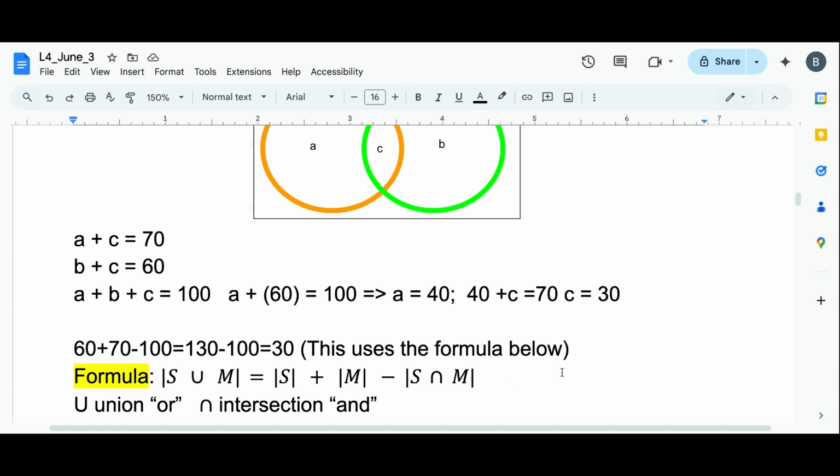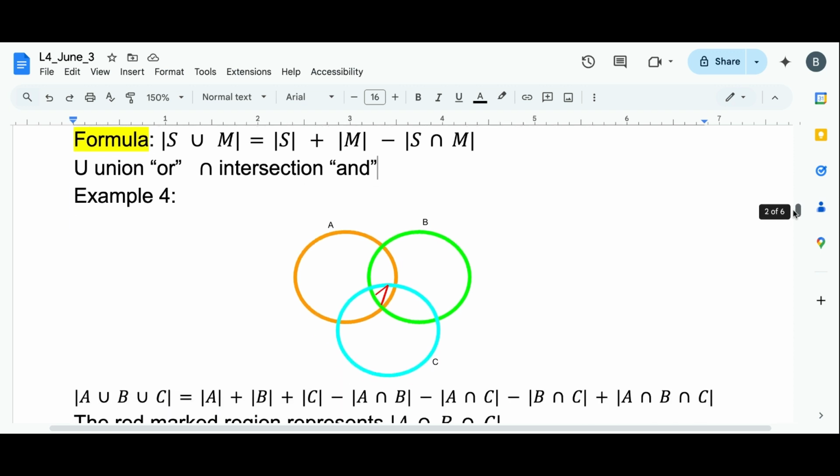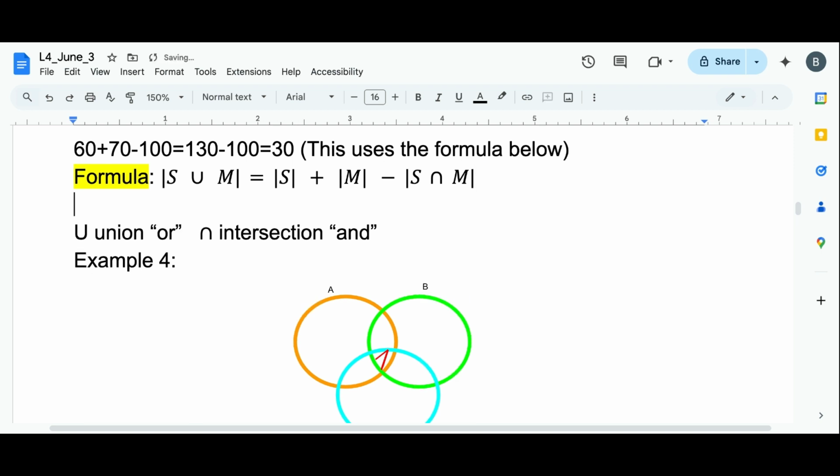So in this case here, to find the intersection here, we know that the size of S union M is 100, and the size of S was 70 and M was 60. Let me just fill that in here. My apologies.